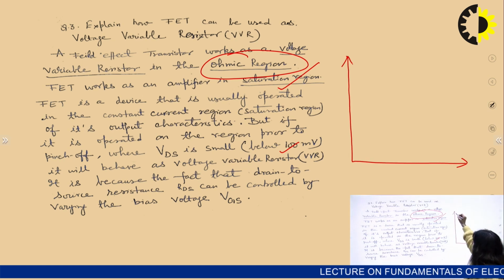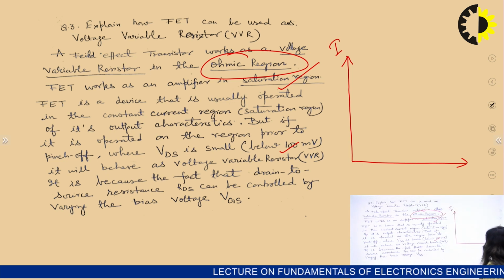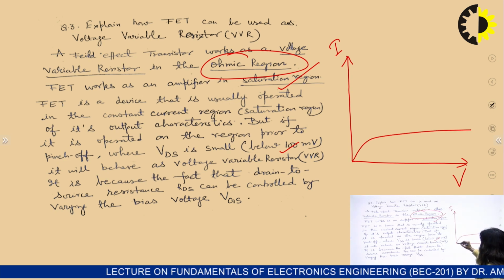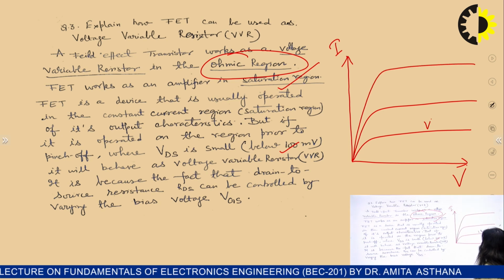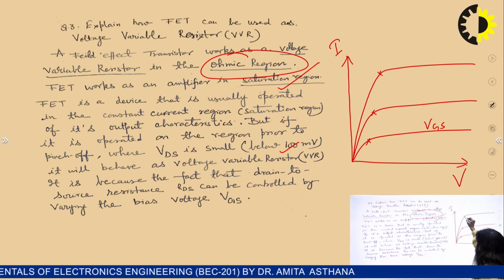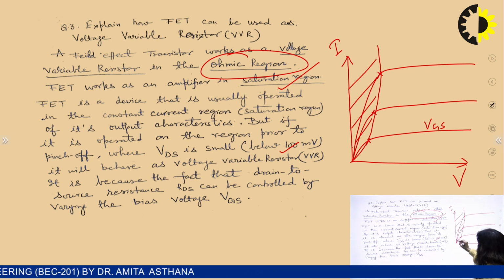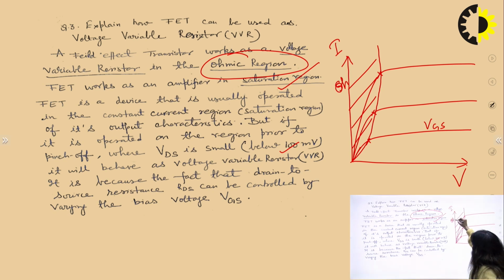If you want, you can also make the curve and show this ohmic region. Like this is the current I and this is the voltage. So at some VGS, these are the pinch off voltages. Now this particular region is known as the ohmic region.